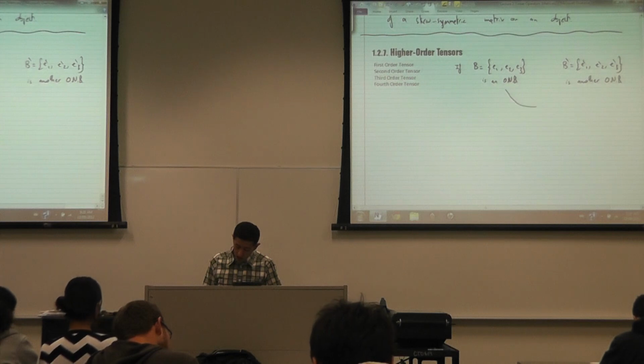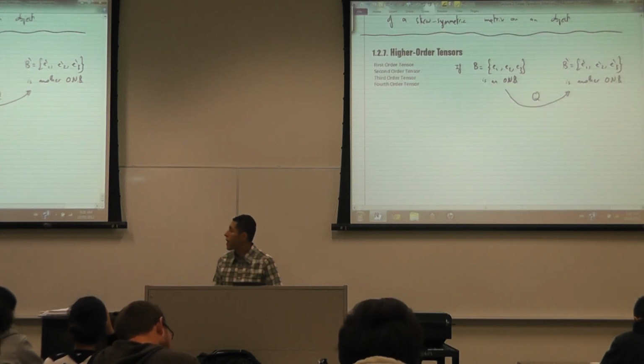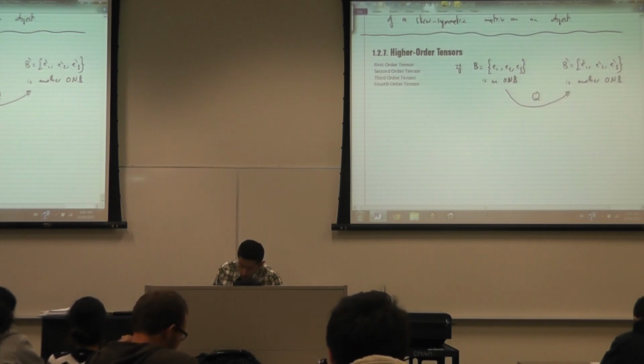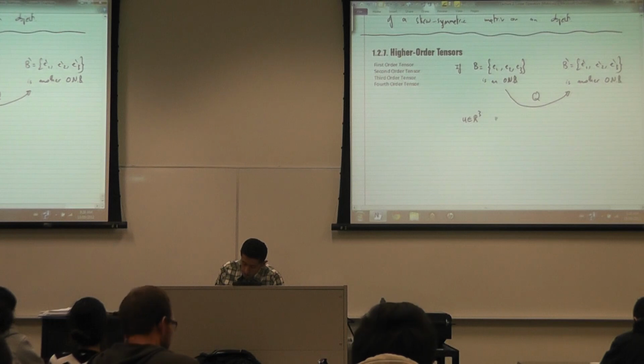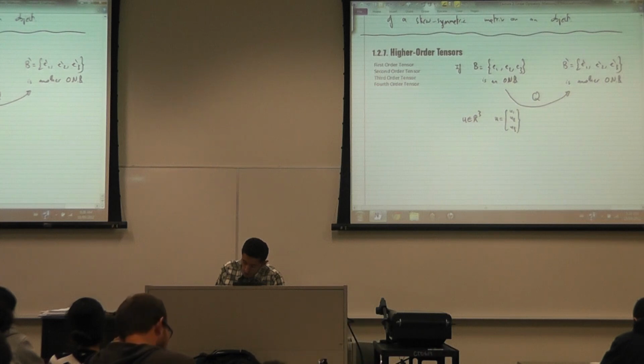And if the transformation between this one and this one is using Q, a vector U is made out of components U1, U2, U3. The vector in the new coordinate system is equal to QU.